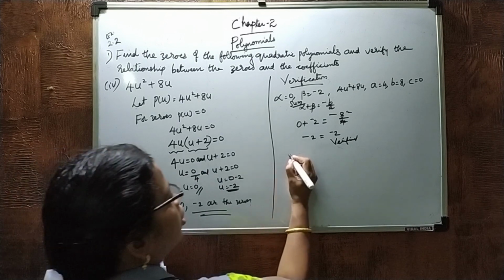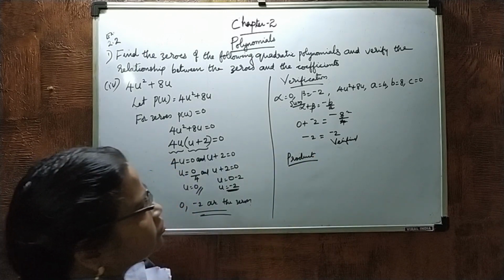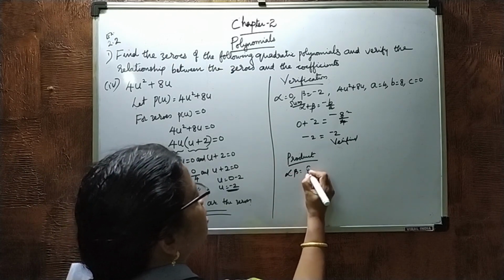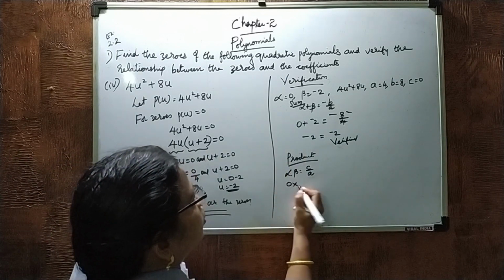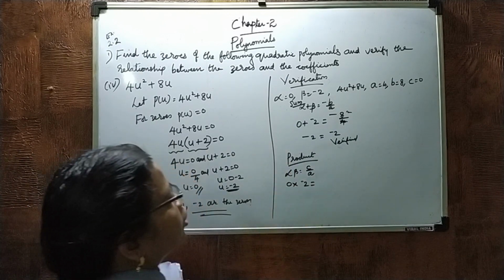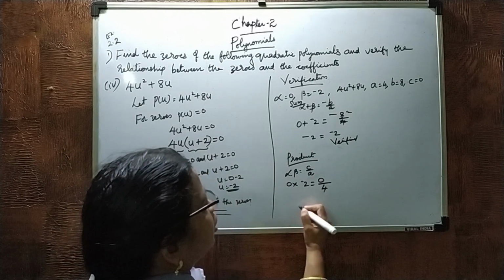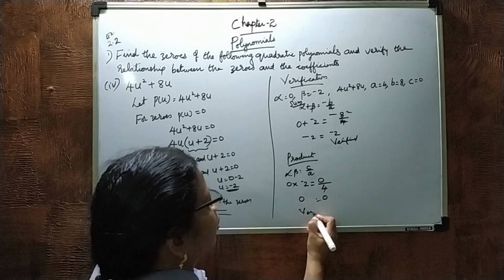The next one, product. So here also alpha beta is equal to c by a. Alpha is 0 into beta is negative 2 equals c, which is 0, by a, which is 4. Here 0 is equal to 0. So it is also verified.